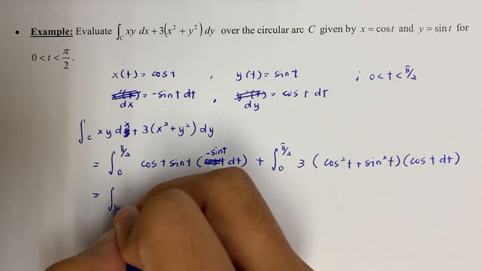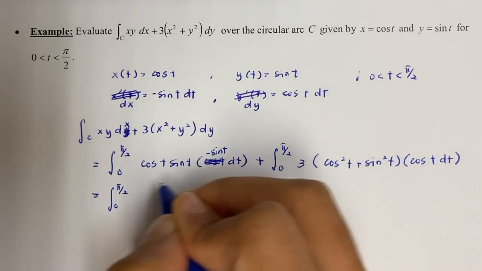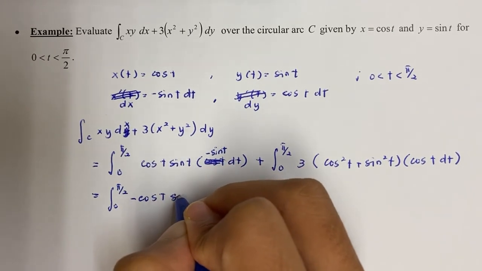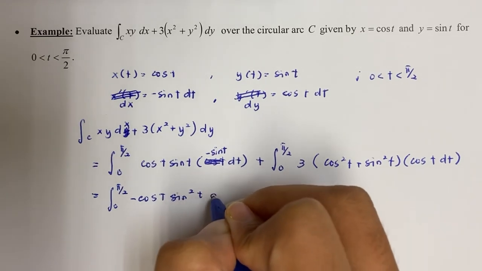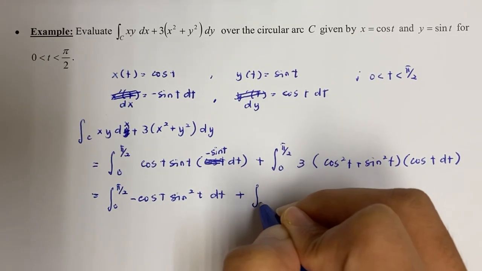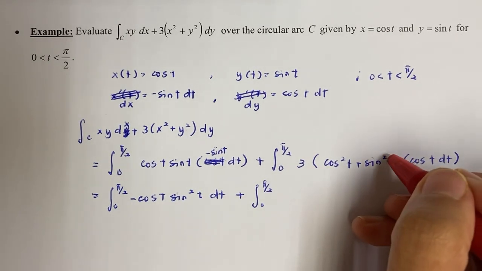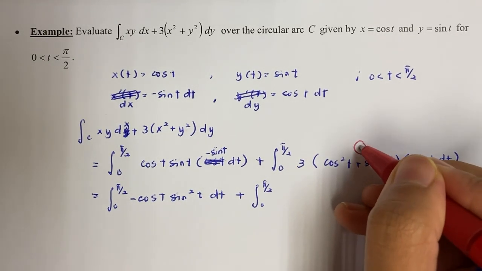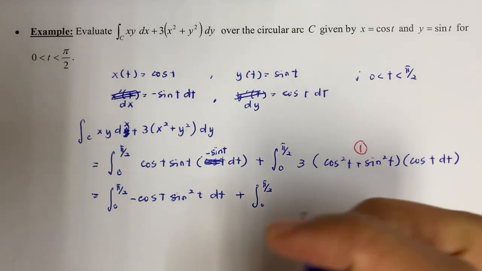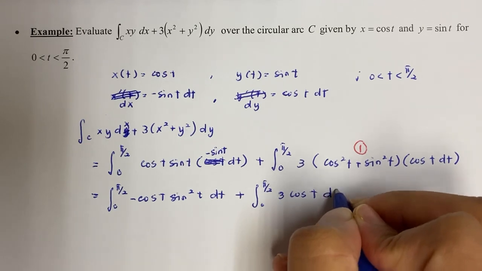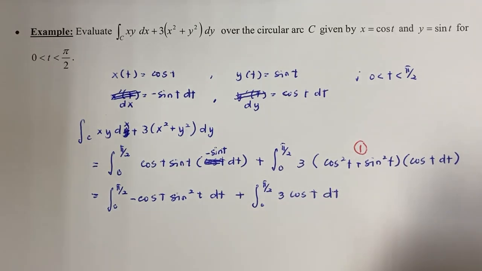Simplify this. I have the integral from 0 to pi over 2 of cos t times negative sin t, sin square t dt plus the integral from 0 to pi over 2 of cos square t plus sin square t, which is equal to 1. Then I have cos t, so 3 cos t dt.